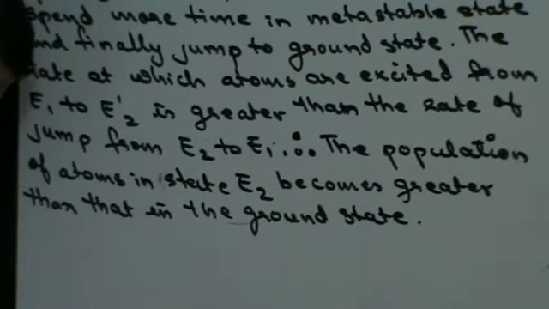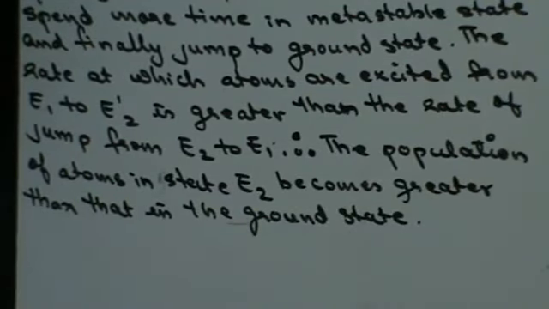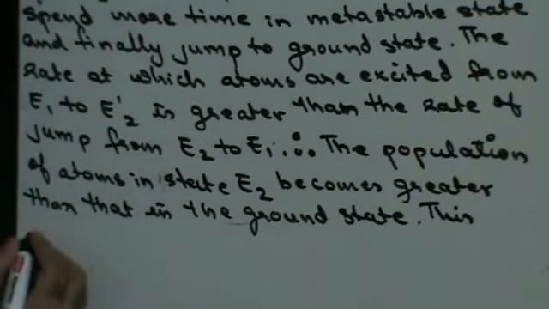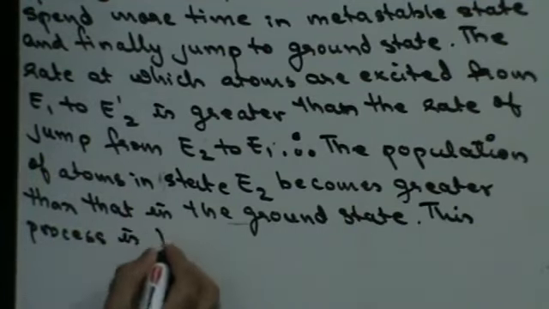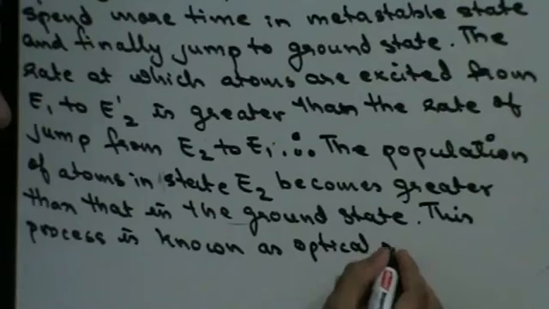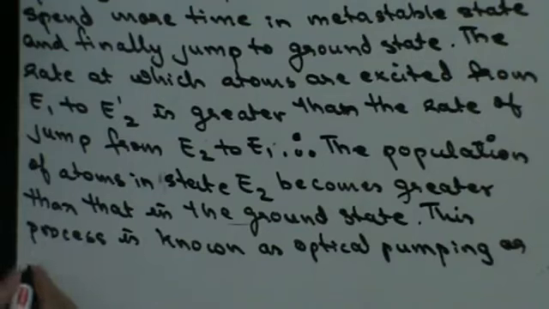This process is called optical pumping, or it is also called population inversion. So what is optical pumping? It is a process wherein you make sure that the number of atoms in the excited state is more than the number of atoms in the ground state. So this process is known as optical pumping or population inversion.